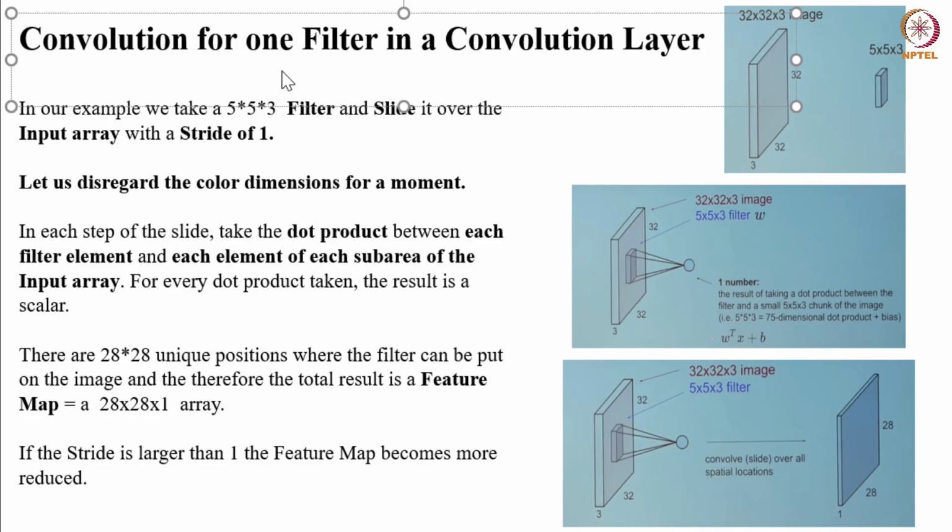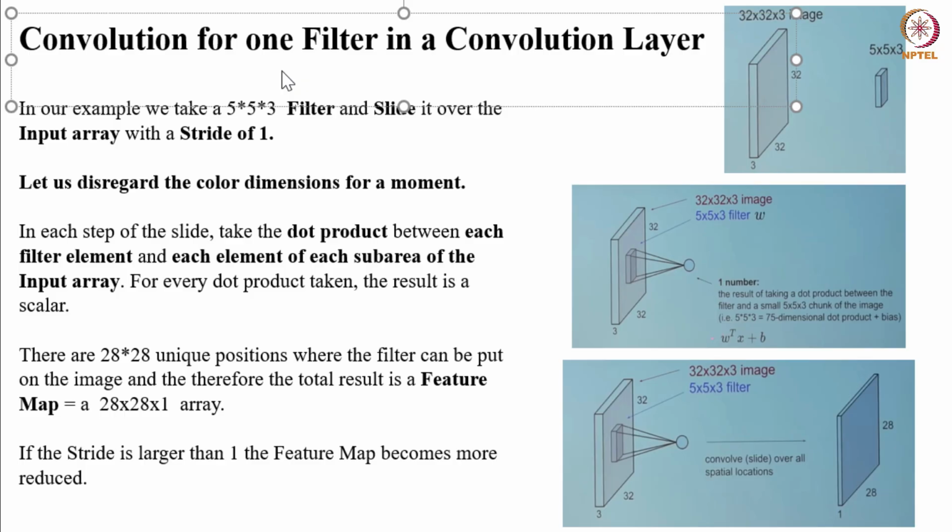So let us disregard the color dimension for a moment. I mean, they of course have to be handled, but they just shouldn't disturb the main process for the moment. So let's forget them, and let's assume that every pixel has one value, a number.